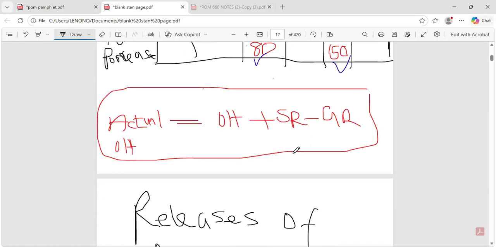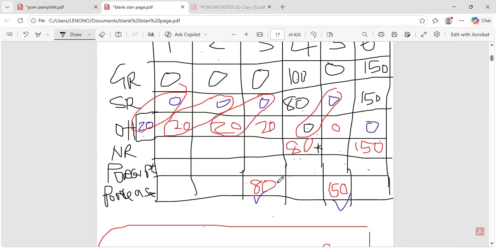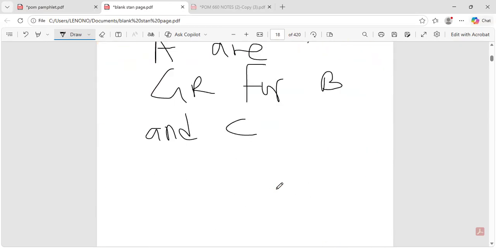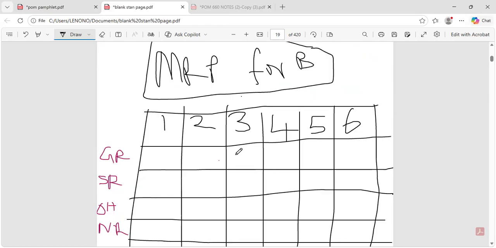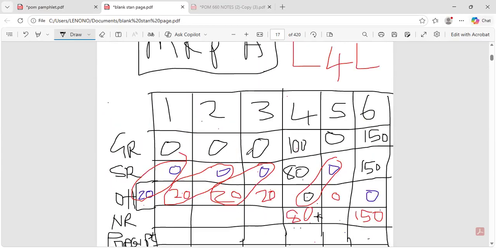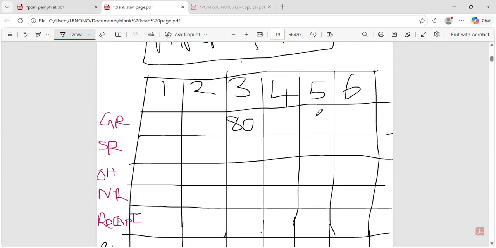So the releases of A, what are we having? 8 in week 3, and 150 in week 5.